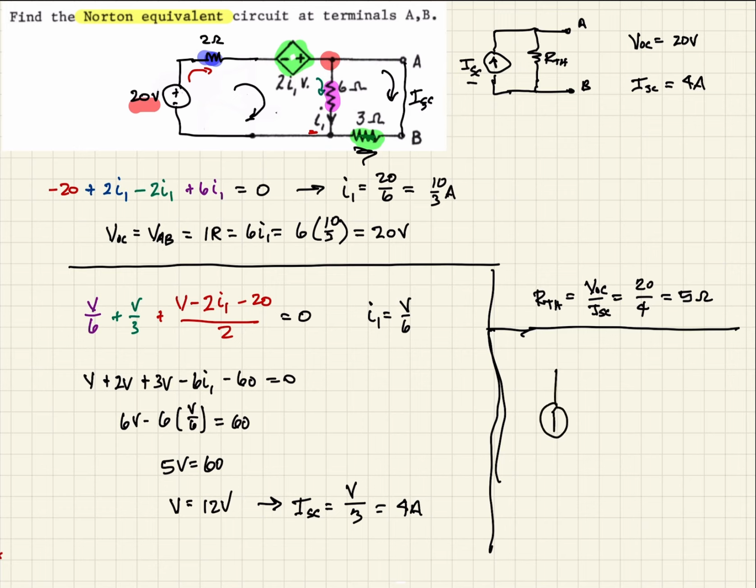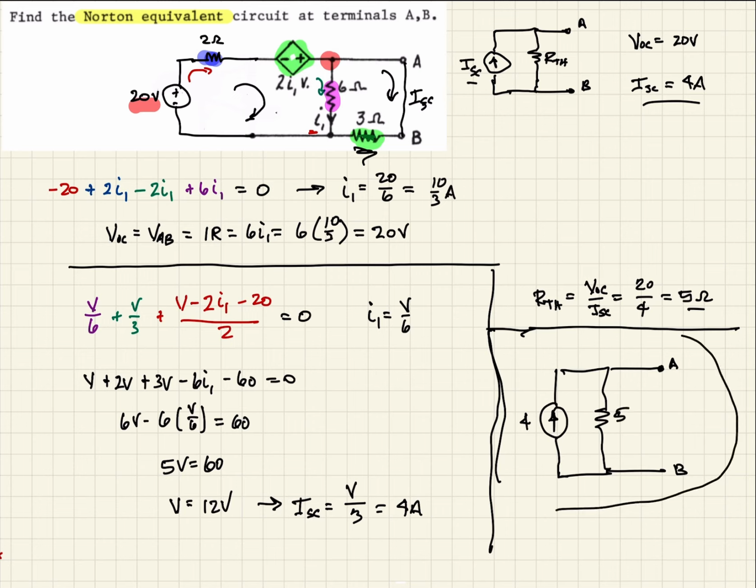So we'll have this current source here in parallel with the resistor. And again, this will be terminals A and B. And our short circuit current is 4 amps, and our Thevenin resistance is 5 ohms. So this is our Norton equivalent circuit for the circuit given in the problem.